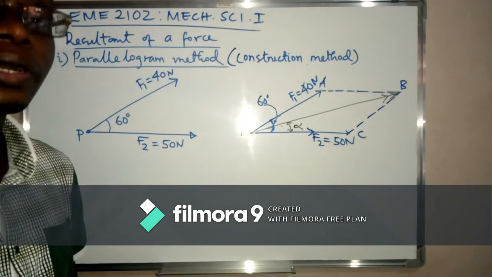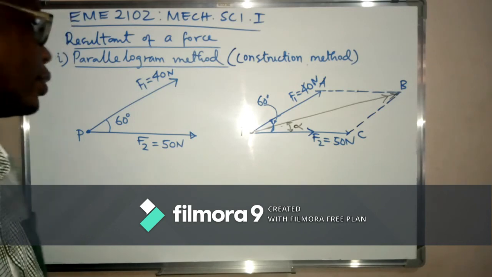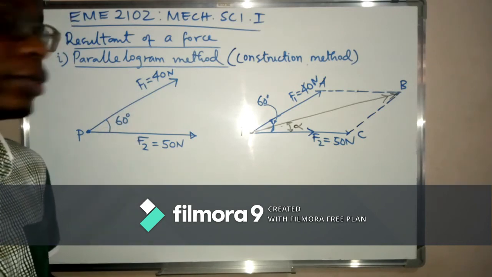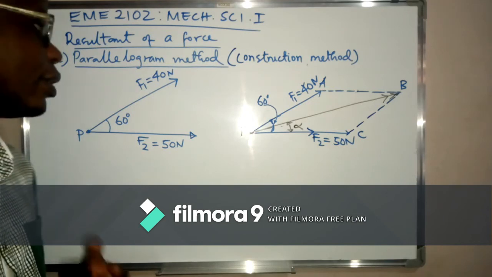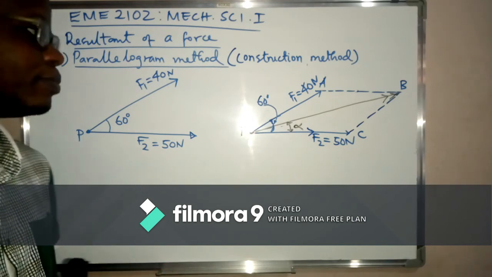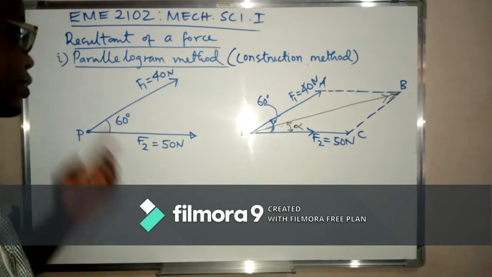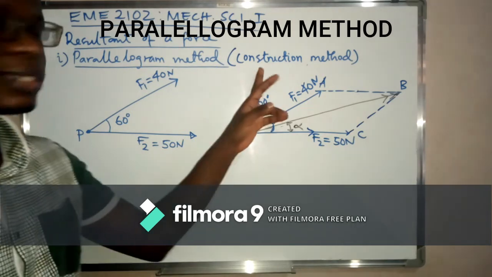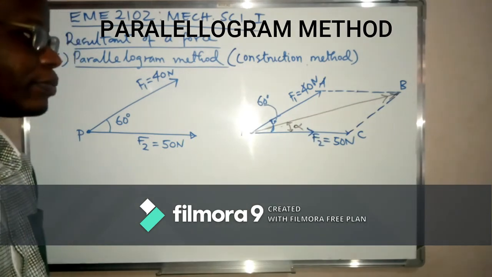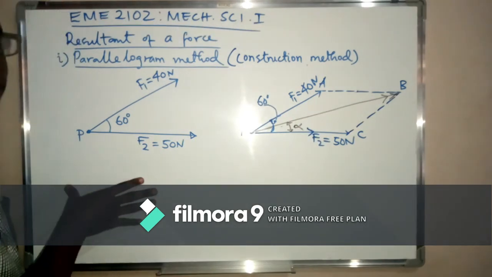Now, when we were introducing this topic, that is statics, we said that the resultant of a force can be calculated using two methods. The first method was the parallelogram method, and I'll also call it the construction method. Now, we have this example here.